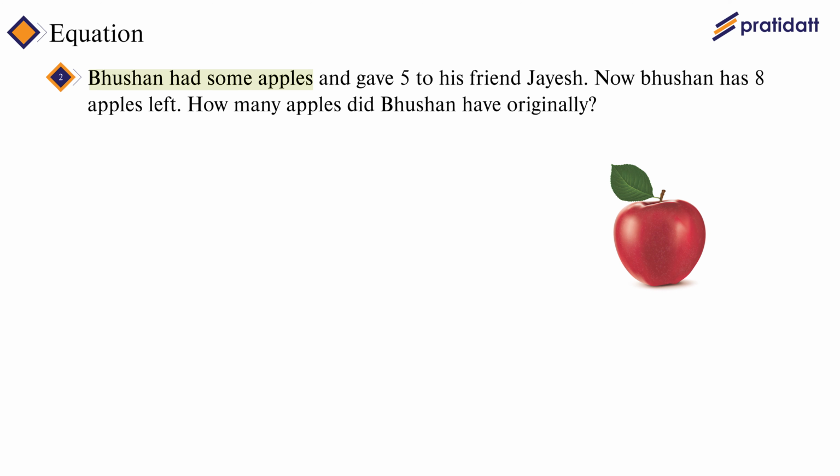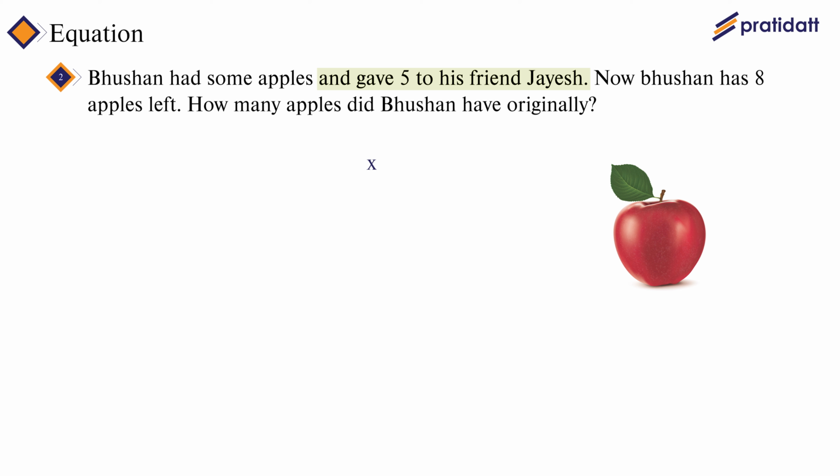Initially, Bhushan had some apples, meaning an unknown number of apples. That is x. This is our variable x.